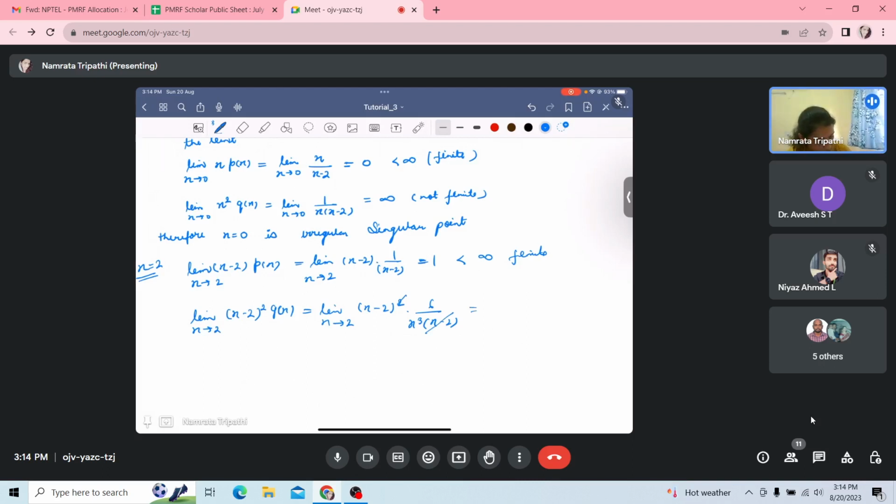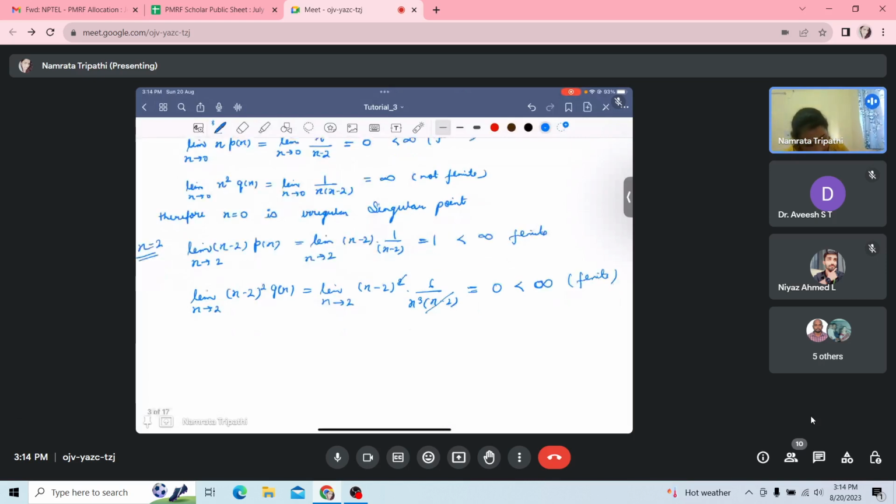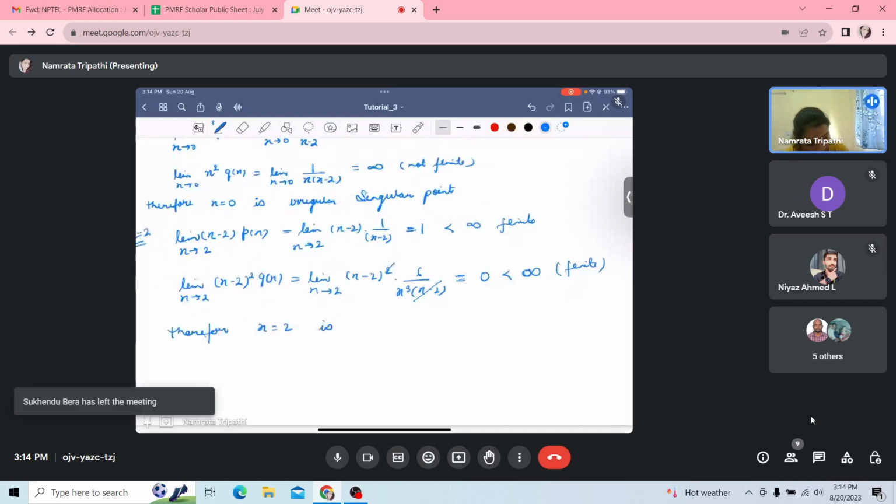So this will become 0, which is again finite. So from here we can say x equals 2 is a regular singular point. When both limits are finite, we say regular singular point; otherwise it is an irregular singular point.